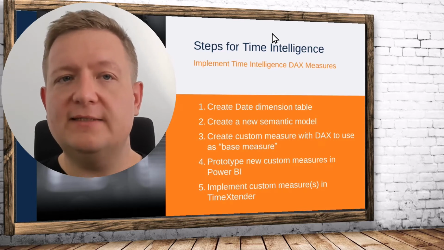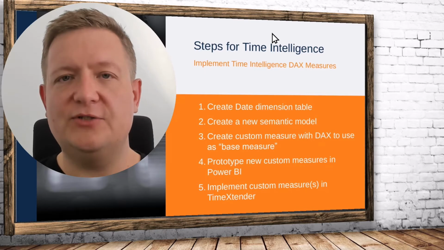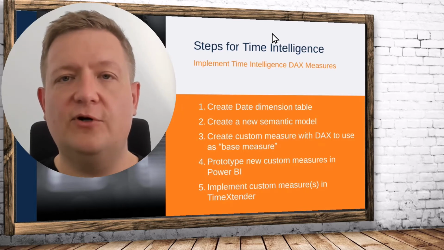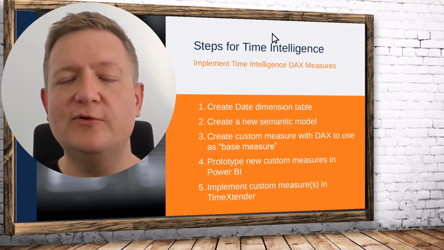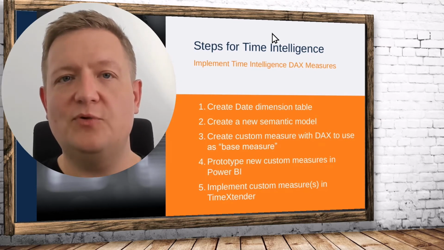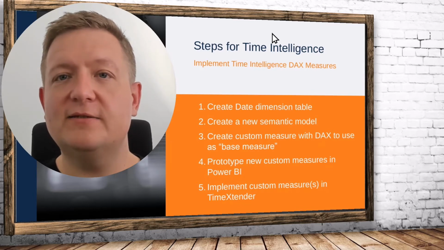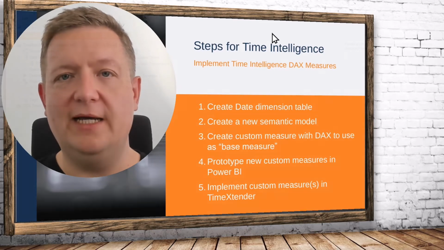But then as a last step, once we have prototyped and tested the measures, then we will also take them back to TimeXtender and implement them in our actual project to have them available there for version control purposes, for reusability, for documentation and data lineage. So in the end, it is very beneficial to move your measures back from the Power BI prototype to TimeXtender, to the tabular model, but it is much faster to prototype and test them right away in Power BI.